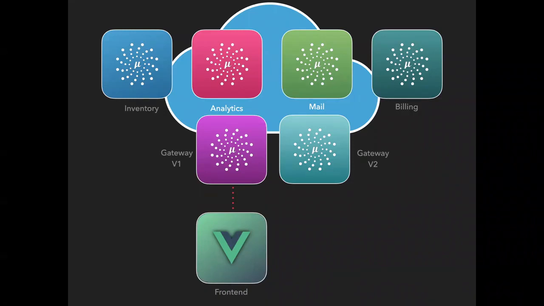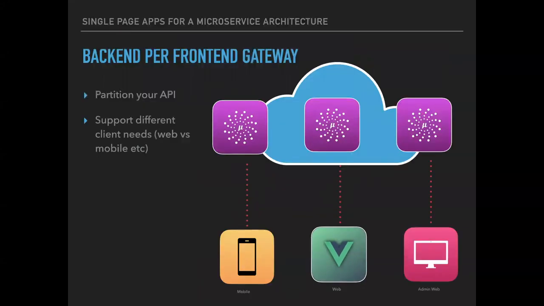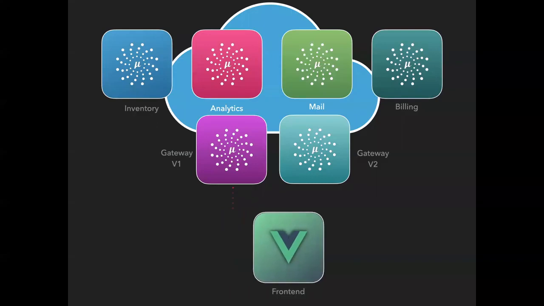They can roll out an additional instance of the gateway, or potentially just a different set of controllers within the same gateway service that's using a different version of the API. So we have gateway v1 and v2, but the front end can continue to use v1 until the code's been updated, and then the front end can move right along to the new shiny API and then gateway v1 can go away.